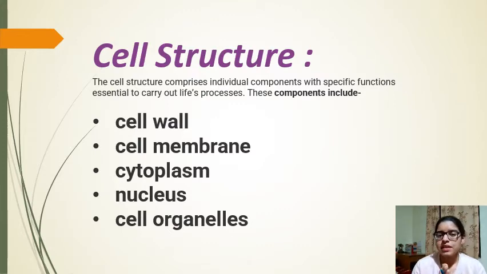Now we talk about the cell structure. The various components of the cell include the cell wall, cell membrane, cytoplasm, nucleus, and various cell organelles. So this is the basic introduction of the cell, why we study cells, and what exactly goes on in the cell.